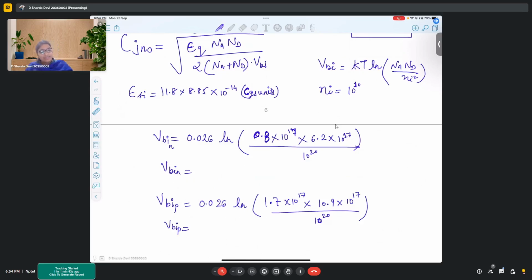Make sure this is ln, that is log base e. Please don't use log base 10, otherwise the answer would be wrong. So let's call it Vn naught and Vp naught, that is Vn and Vp at zero bias.